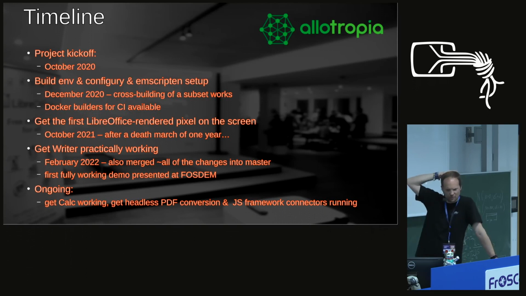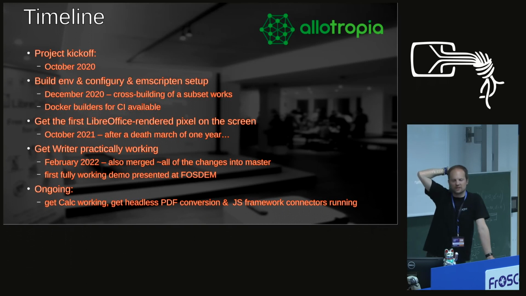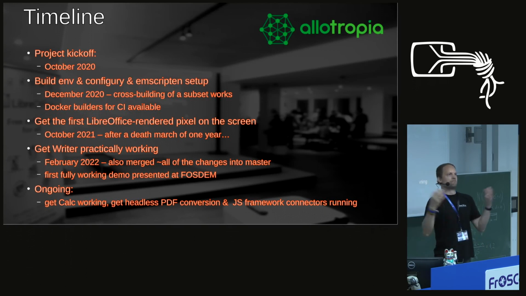So what's ongoing is getting Calc working, and then we thought that the other bit that is interesting is headless document conversion, in particular getting PDF conversion going, so that's nice for something like CryptPad, for example. If you get something end-to-end encrypted, and then you just want a PDF, what are you going to do?